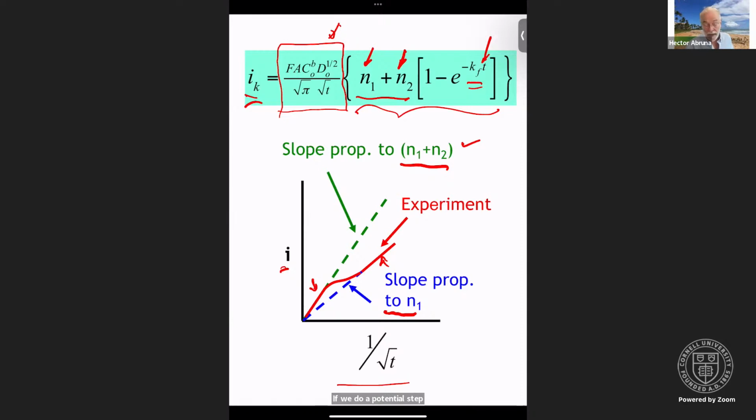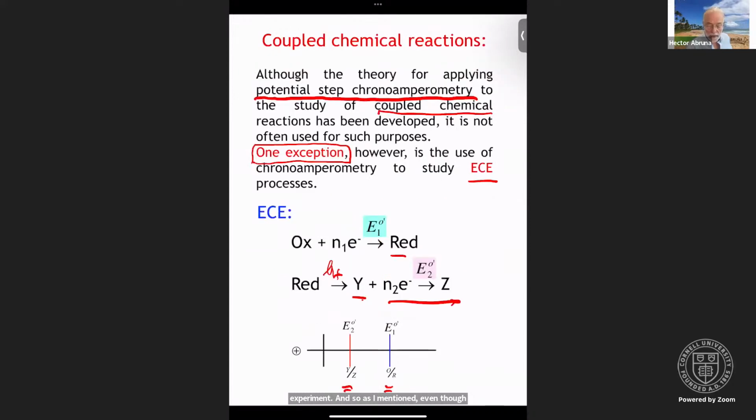And so you can have, in some cases, more than 3 linear sections, depending on the time resolution of your experiment. And so, as I mentioned, even though potential step chronoamperometry is not often used for coupled chemical reactions, the ECE under this condition is probably the one exception where it's extremely valuable and powerful.